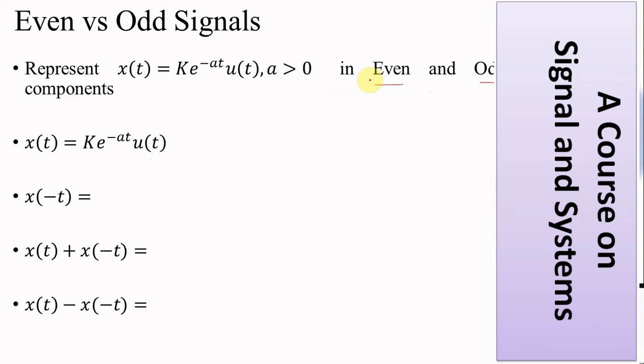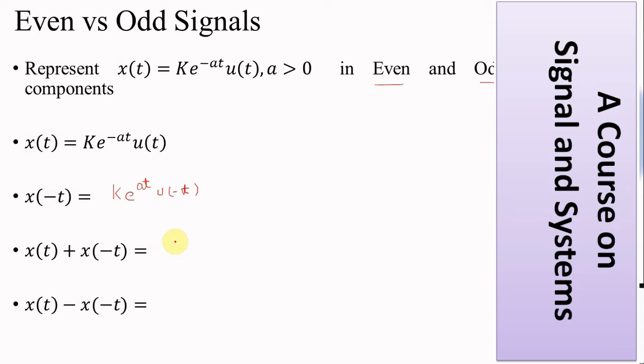For that, we require x(-t). So x(-t) can be quite easily written as k e^(at) u(-t). And as per the definitions of even and odd signals, we require the summation x(t) + x(-t) and the subtraction, so x(t) - x(-t).